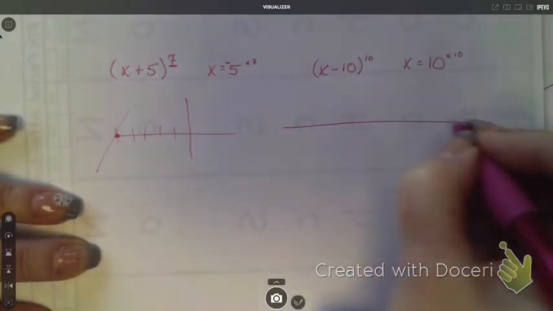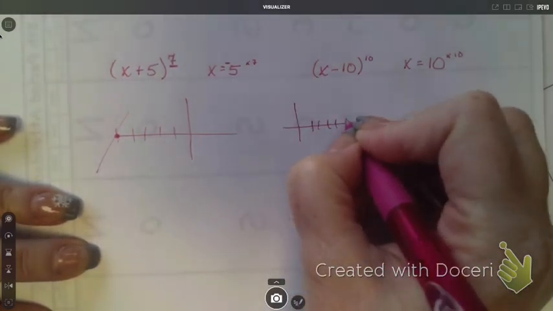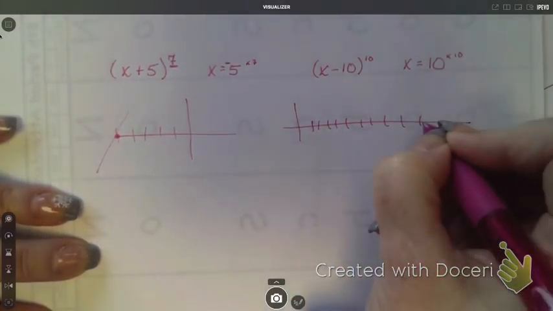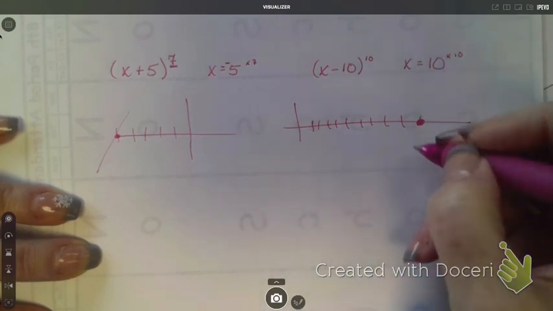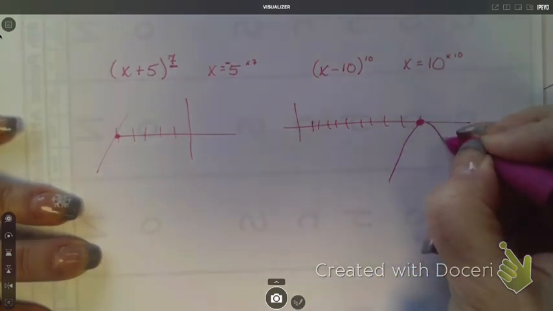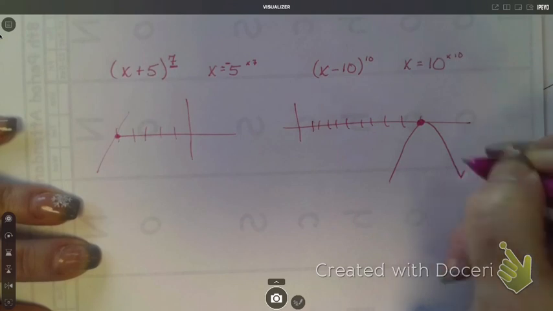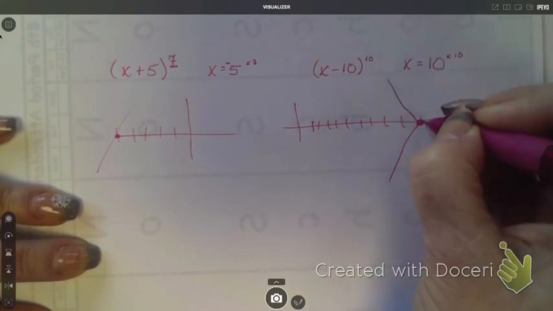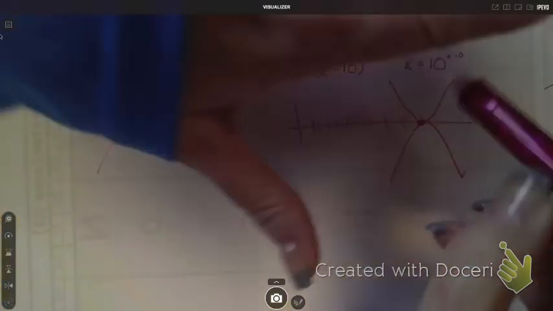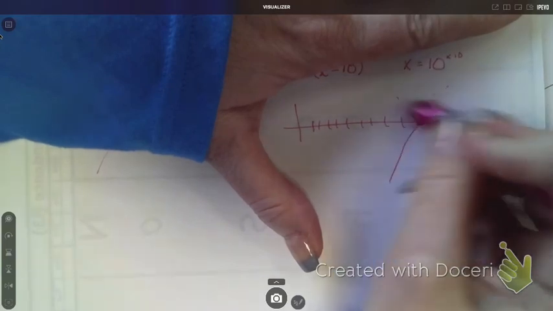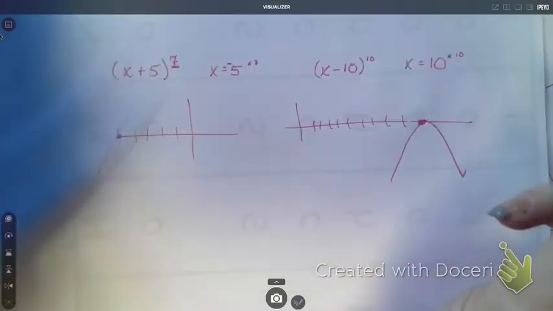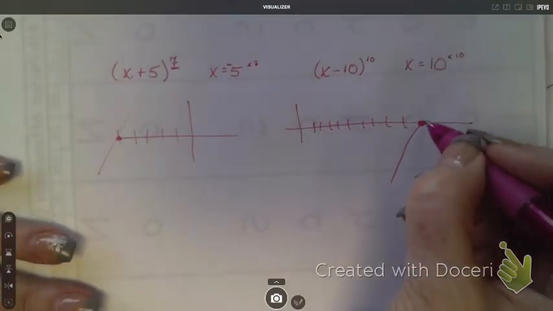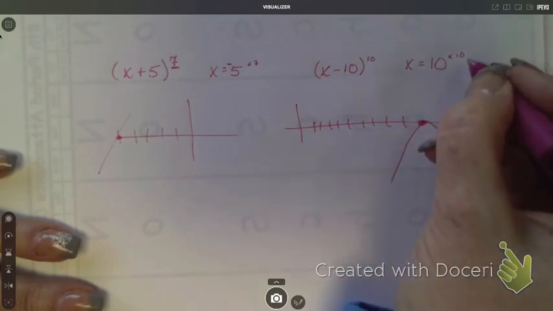And what would happen at 10? It goes through... no. What would happen at 10? I would hit it and bounce back down, or if I came this way, I would go back up. I shouldn't do that on 1 because it looks like the same thing, right? So when it's an even multiplicity, it's going to bounce.